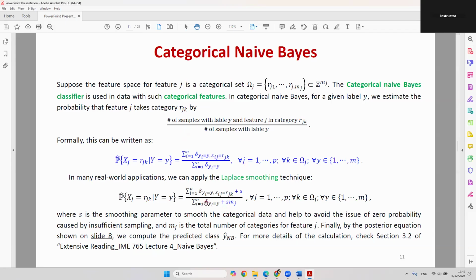And one thing is that to make it robust in real-world applications, we typically add this Laplace smoothing parameter s. In the numerator, we add an s. In the denominator, we add s plus M_j, where M_j is the total number of classes here.